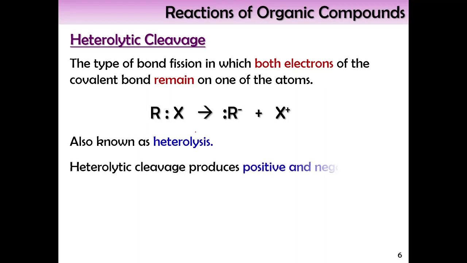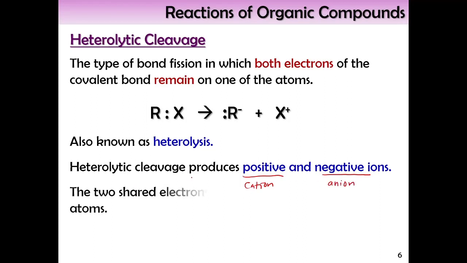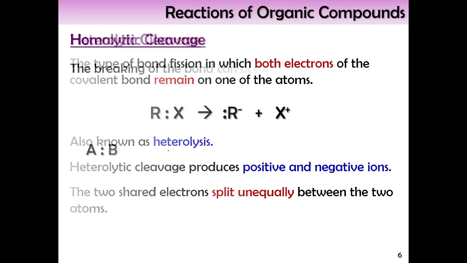Heterolysis produces a positive ion, which is cation, and a negative ion, anion. The two shared electrons split unequally between the two atoms, because one is much more electronegative.